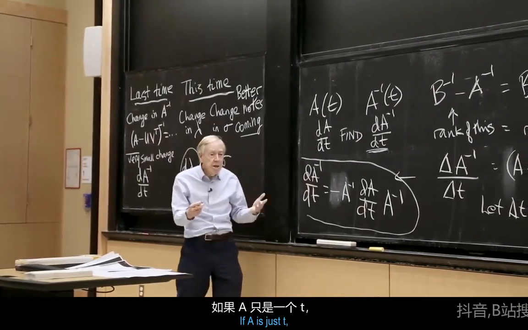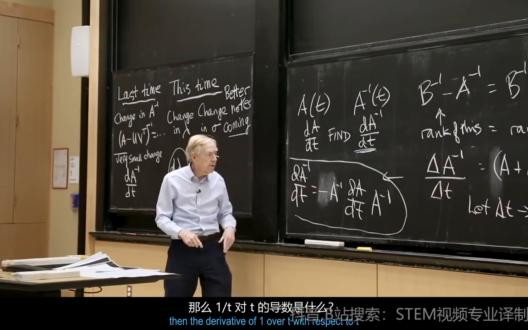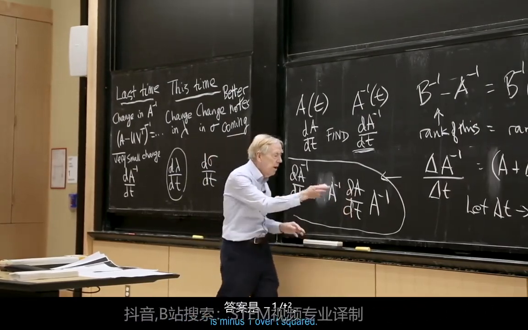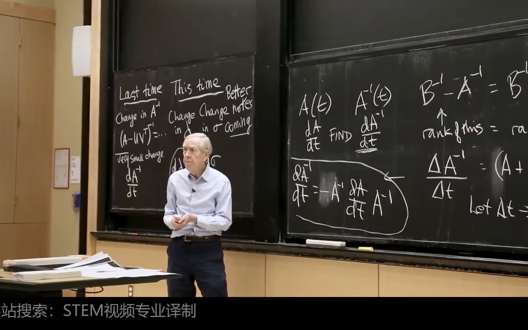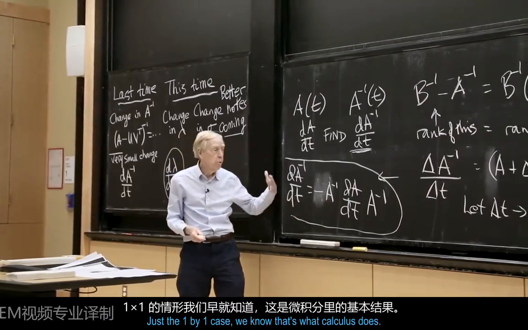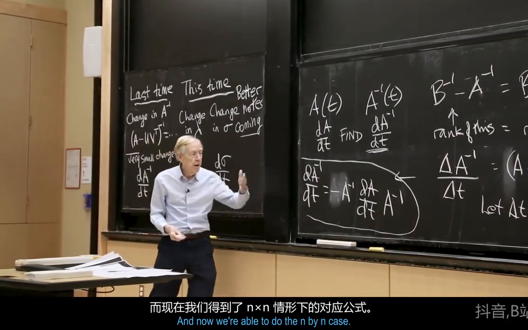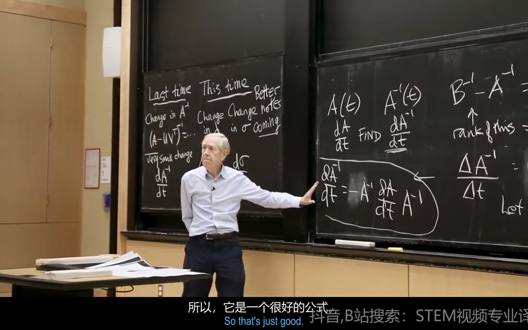If A is just t, then the derivative of 1 over t with respect to t is minus 1 over t squared. The 1 by 1 case, we know that's what calculus does, and now we're able to do the n by n case. So that's just good.